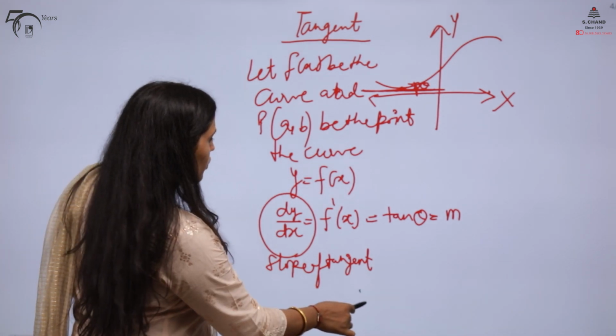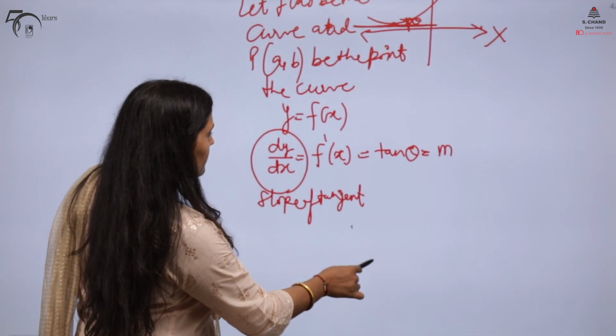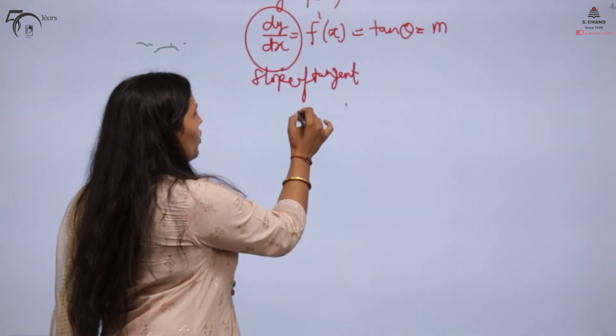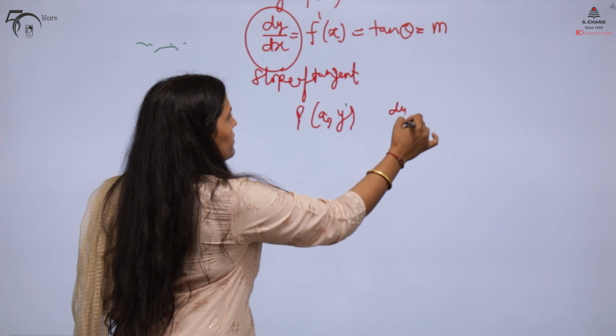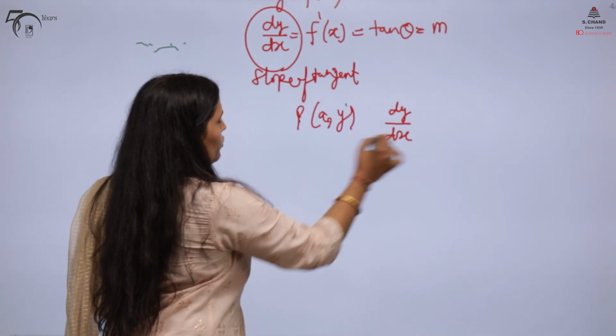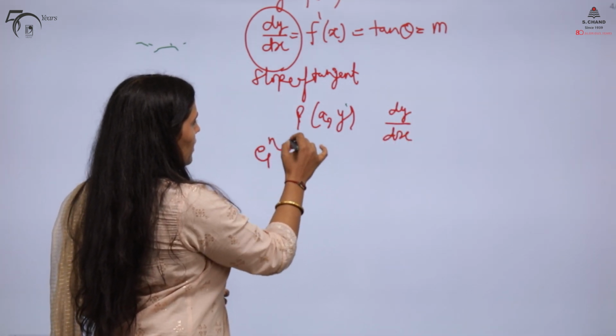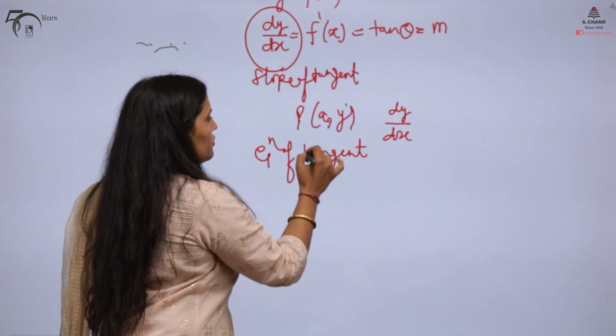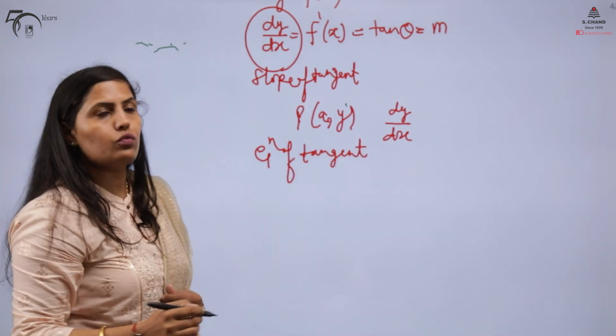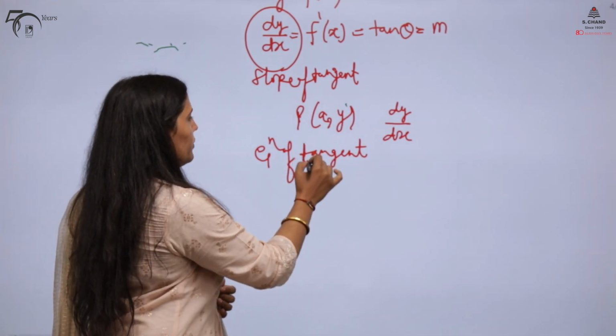Now if we want to know the equation of the tangent, the point is P(a, b) and the slope is dy/dx. How do you write the equation of the tangent? I have told you, a tangent will always touch the curve at just one point, not more than one point.